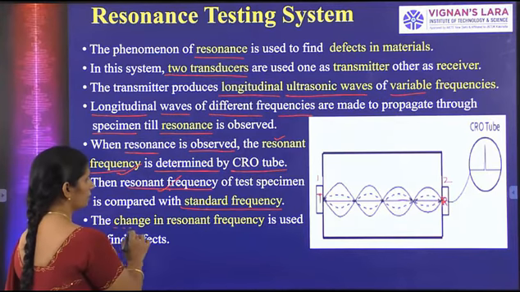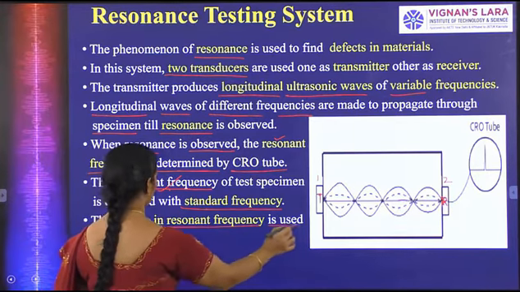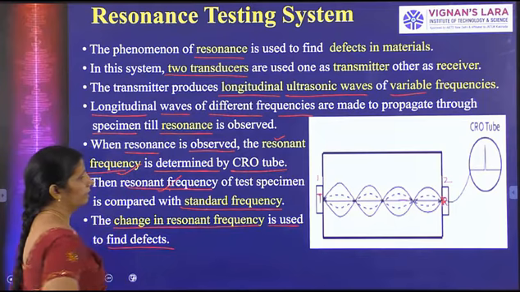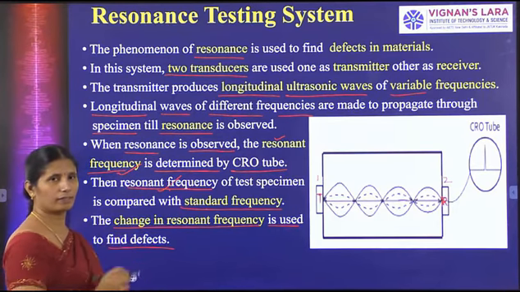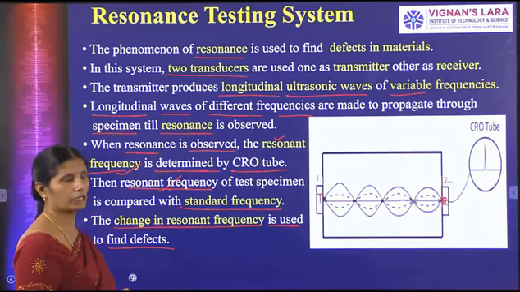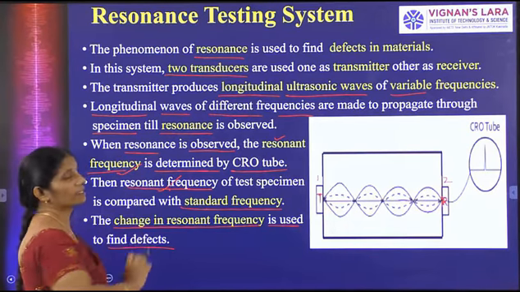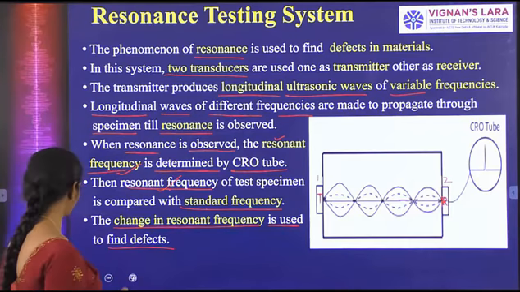The change in the resonant frequency is used to find the defects. So using that resonant frequency, we can determine the defects in the materials using the resonance testing system.